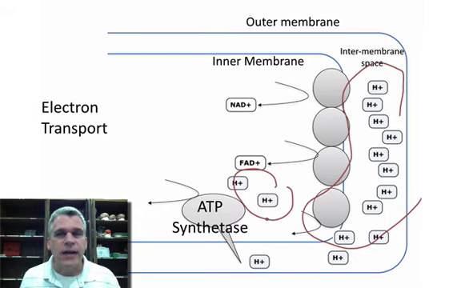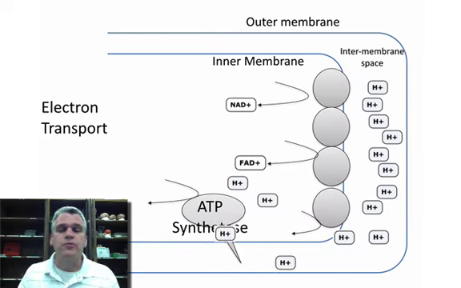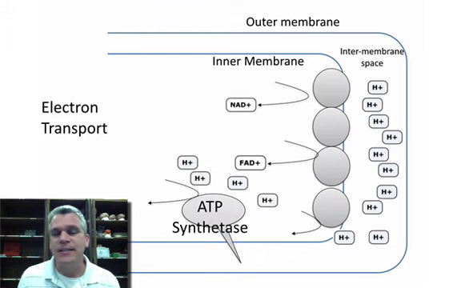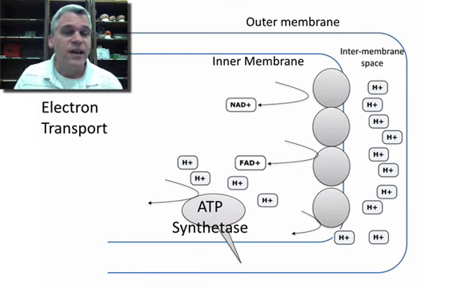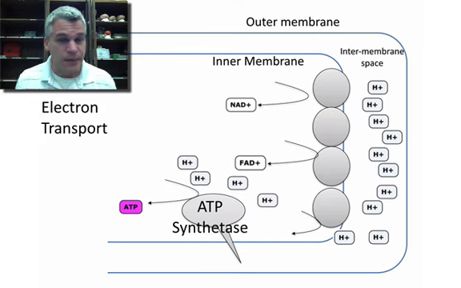We're getting a higher concentration in that intermembrane space versus the matrix. Those hydrogen ions are then going to be able to move through the ATP synthetase enzyme, which gives it enough energy so that an ADP can add a phosphate on to become ATP.